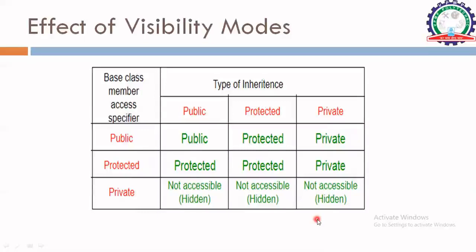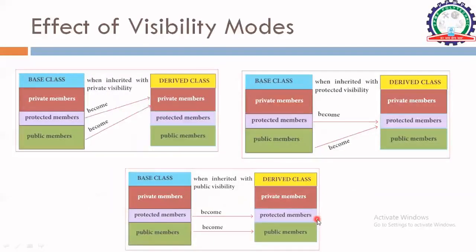Okay, now let's see the same thing again with a different picture. See, here we have a base class and a derived class, and we are deriving the derived class with private visibility mode, right? So what happens? See, private members are not going anywhere. There is no arrow between private members of the base class and any section of the derived class. So we can see from this diagram that private members are not inherited in a derived class.